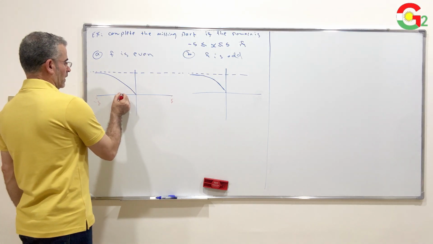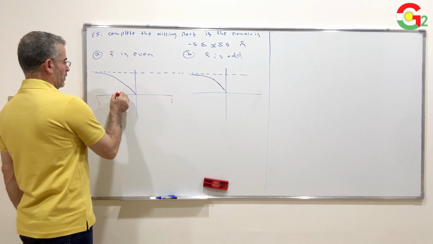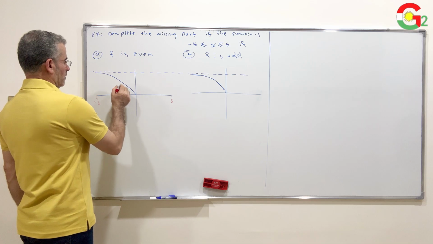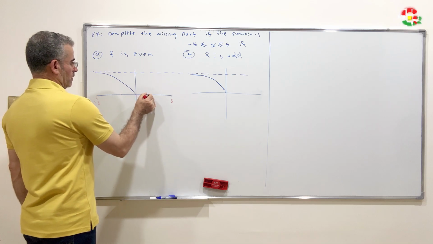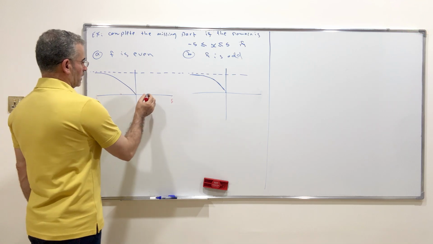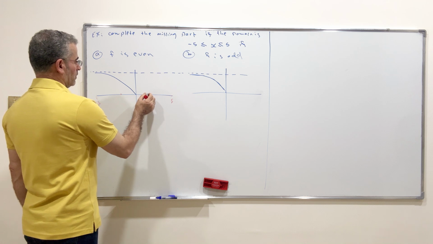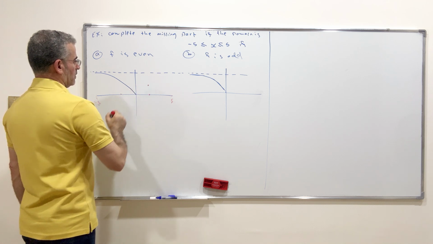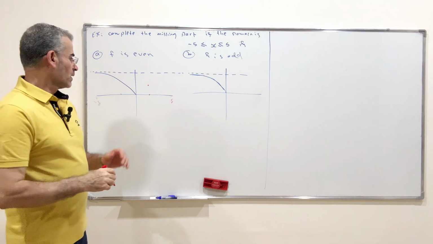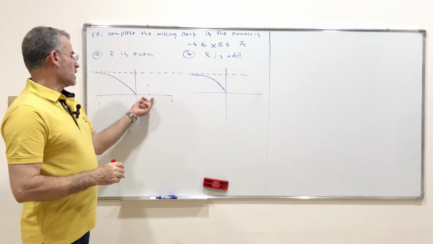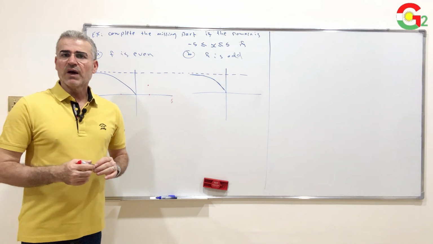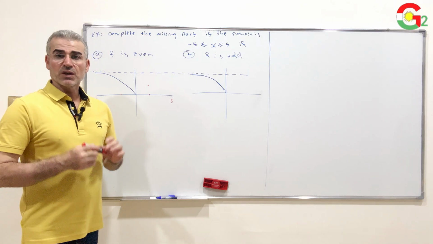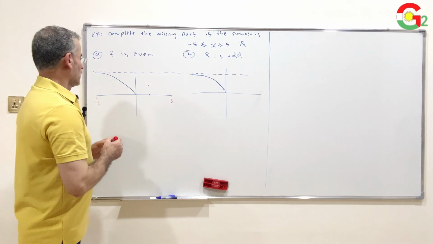Therefore, if we have a point here, if I take this point, then the value of the function at this point is here, since the sign of the value is not changed.